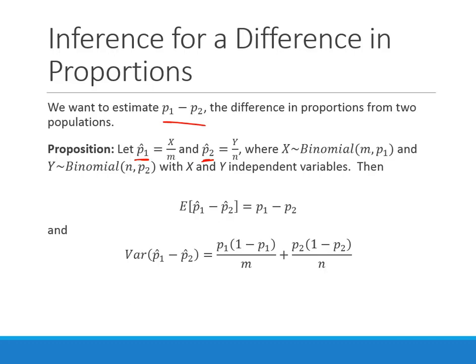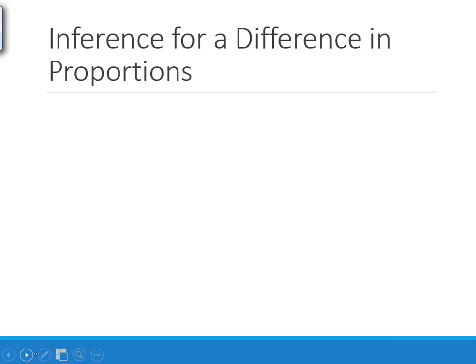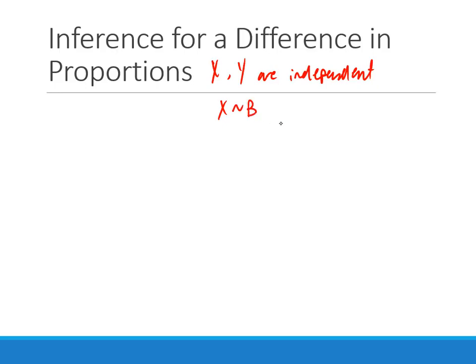So let's quickly work out how to make sure that's true. We have X and Y independent. That's important. X is distributed as binomial, m trials and P1, and Y is distributed as binomial, n trials and P2.